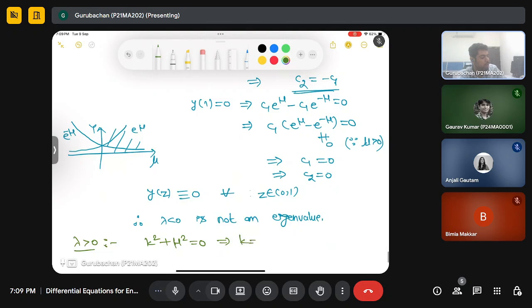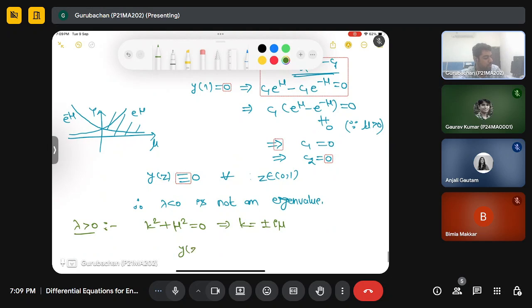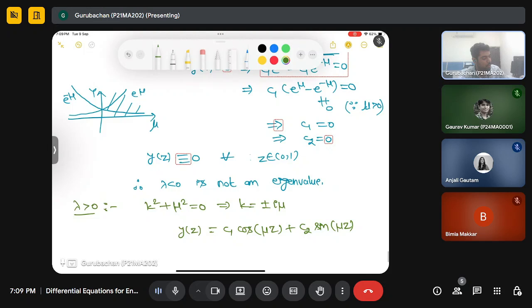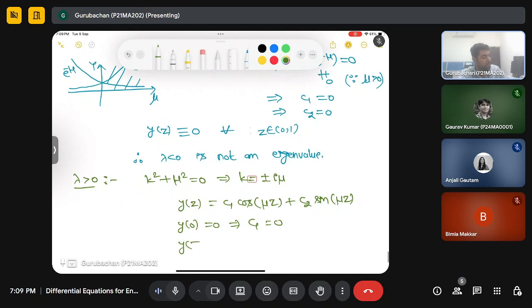k will be plus minus iota mu, and this will correspond y(z) to be c1 cos mu z plus c2 sin mu z. From here, you are given that y(0) is 0. This will imply that c1 is 0, and y(1) is 0.